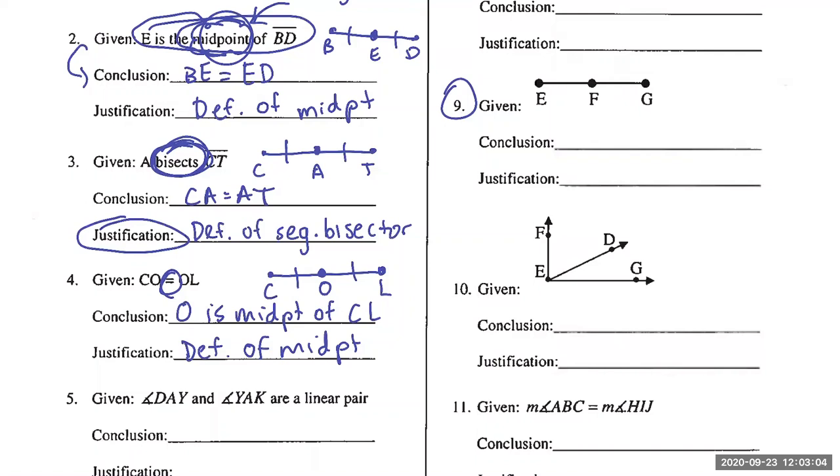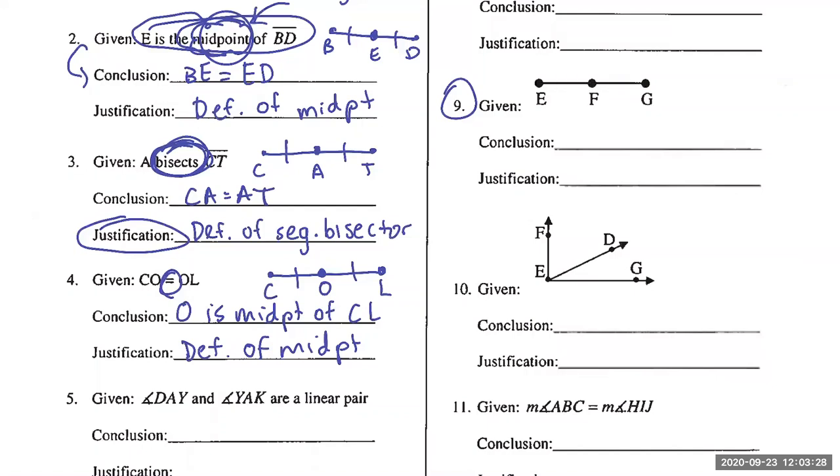So what's our possible conclusion? The most basic conclusion is that F is between E and G, yes, but what else can you conclude? We can't conclude it's the midpoint because we don't know. It just looks like it, but they didn't say this is equal to this, so it can't be the midpoint. Very good.